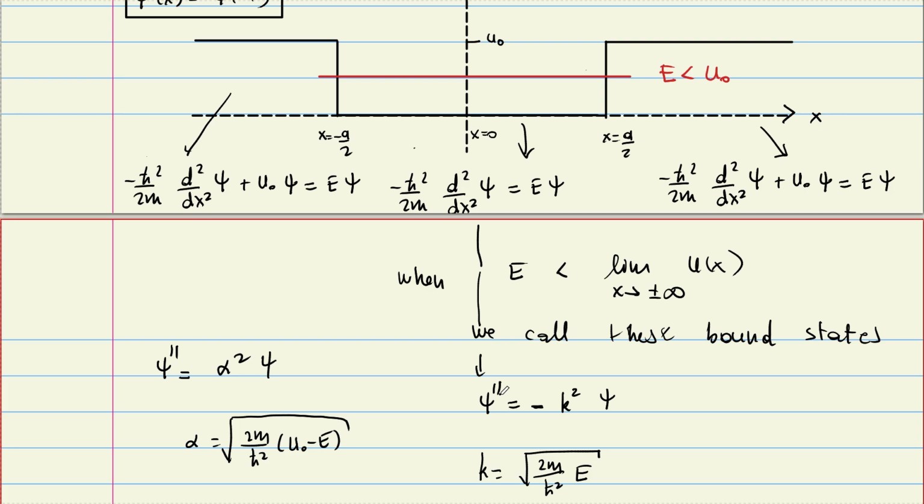Okay. This is equation 1, so this is equation 2, and in the third region I have exactly the same equation as equation number 1, and this is equation number 3. Good.